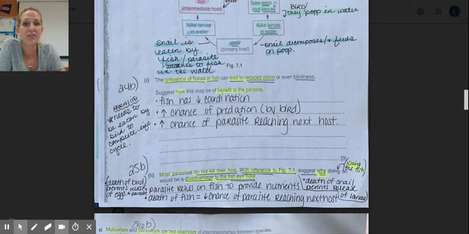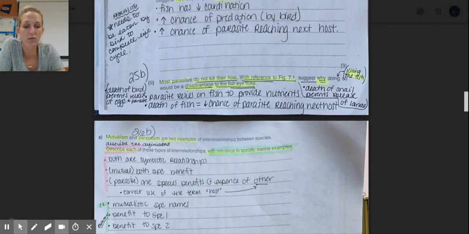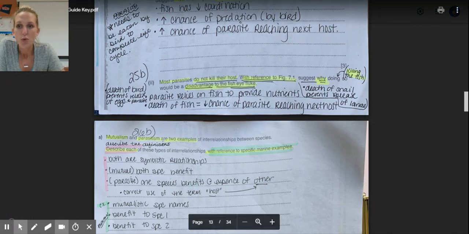With reference to 7.1, so this chart, suggest why doing so, I mean killing the fish, would be a disadvantage for the fish eye fluke, and that's the name of the parasite. Why would it be a disadvantage, specifically referencing that picture, for that parasite if it killed the fish?